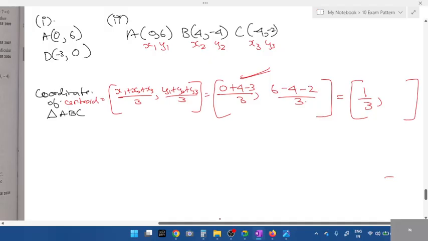Yes. Even I have gone wrong. What is Y3, student? X3. I didn't take X3 properly. What is X3? -4. So what is 4 minus 4? 0. Tanisha, you have not gone wrong.